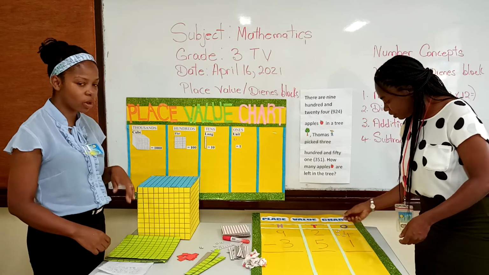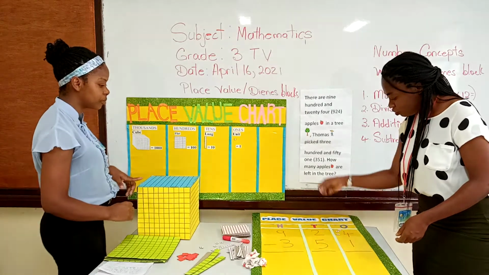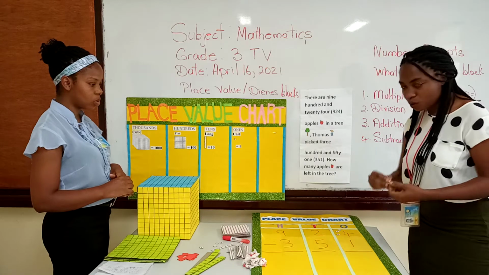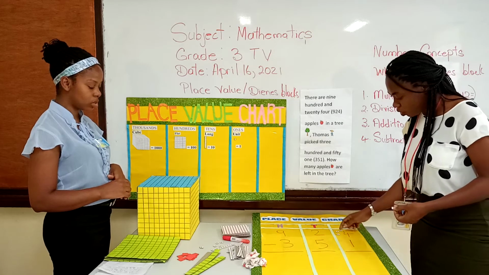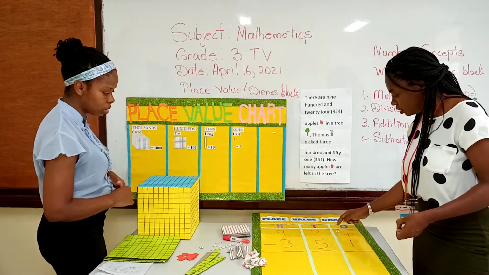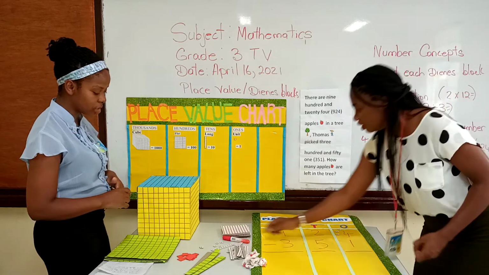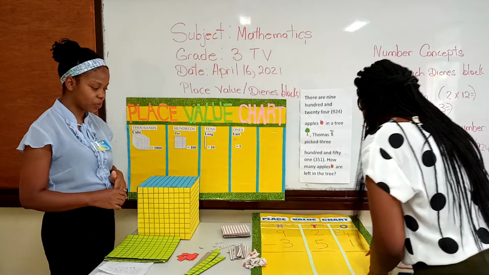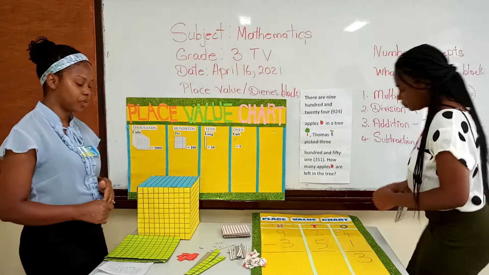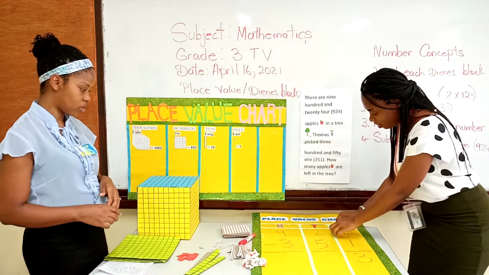So we're going to take away 1 from the 4. So now we're going to take away 1. So 1 from 4 leaves, count with me, 1, 2, 3. So 4 take away 1 equals 3. Very good.